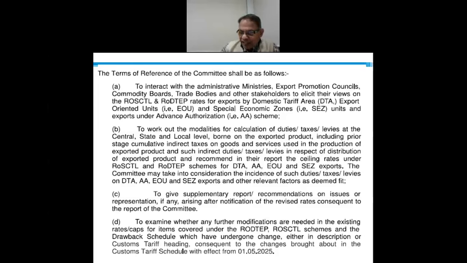The committee may take into consideration the incidence of such duties, taxes, levies for all categories and other relevant factors as deemed fit.